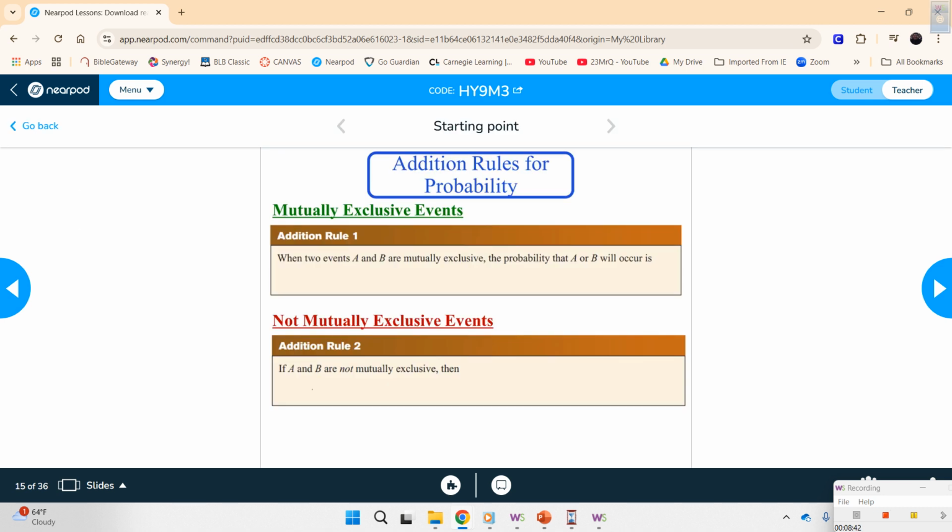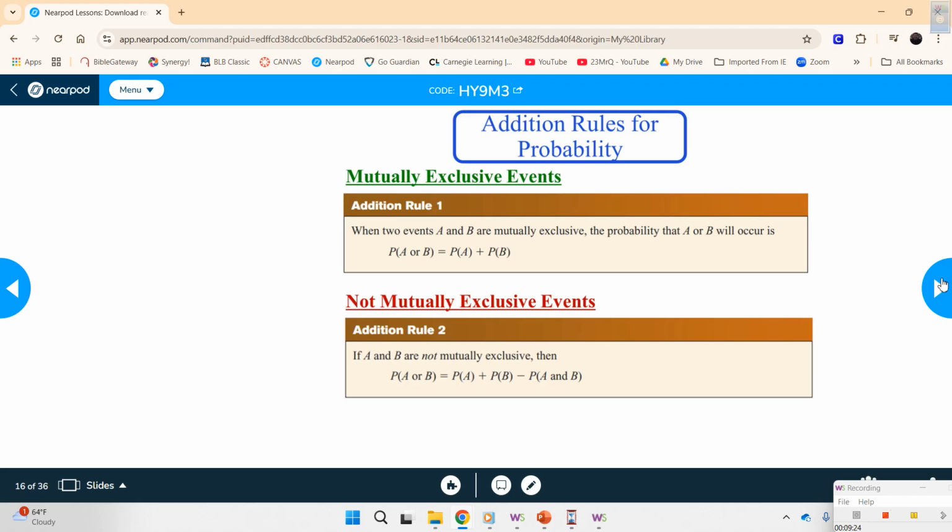One minute. Go. In case you forgot, at the top of the slide, it says addition rules. Both of the additions should say or.